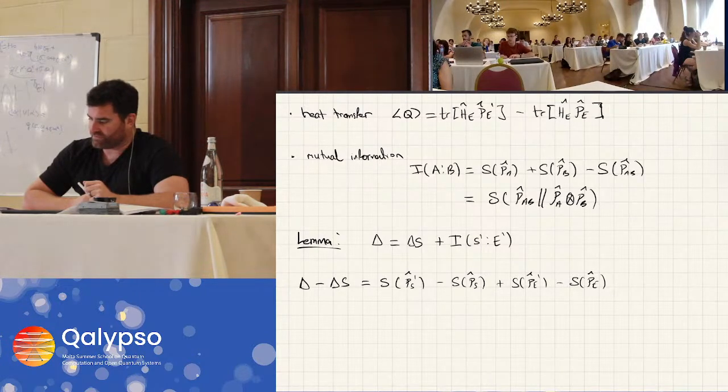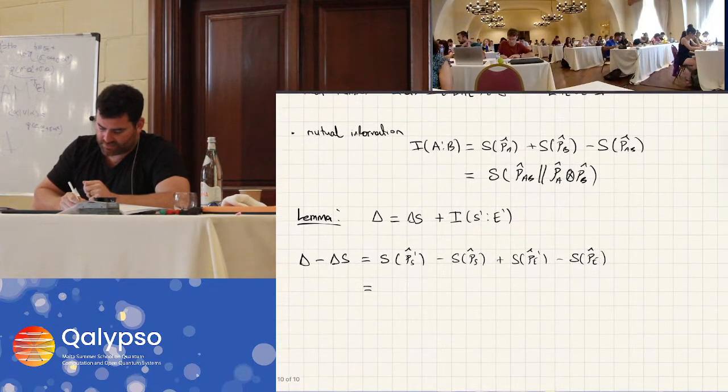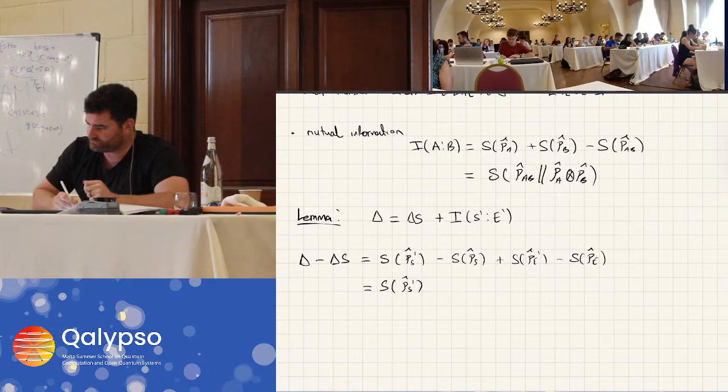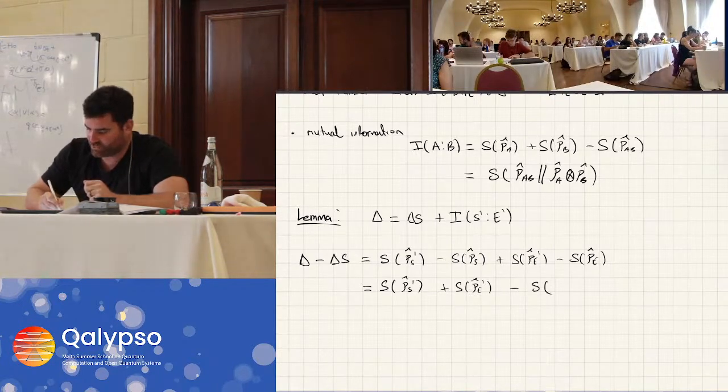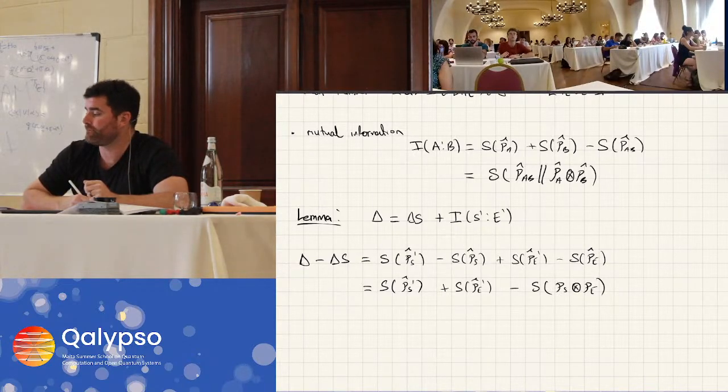Right, so this is equal to S of rho S prime plus S of rho E prime, just rewriting it, okay, minus S of rho S tensor rho E, right? Because of the additivity of the von Neumann entropy for product states, okay?